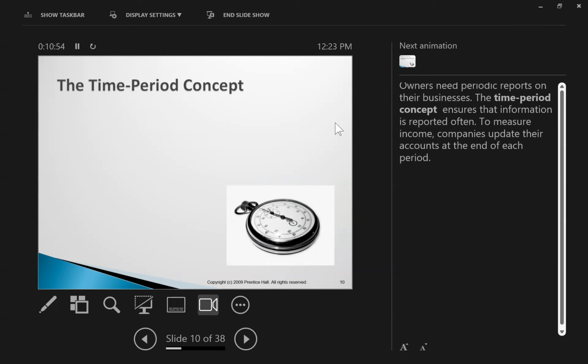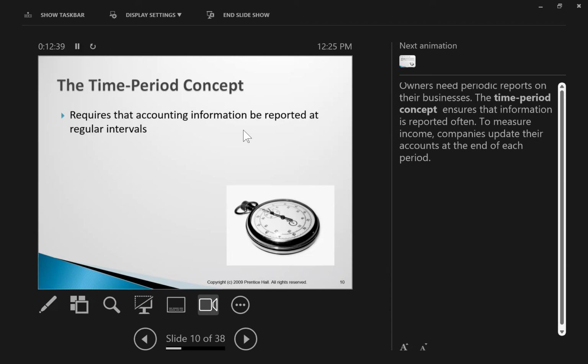The time period concept. It requires that accounting information be reported at regular intervals.